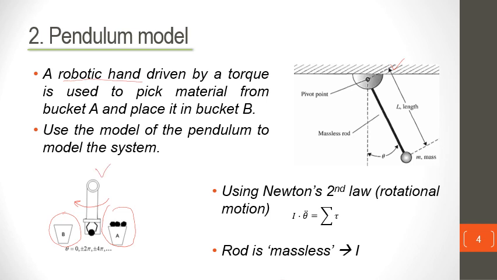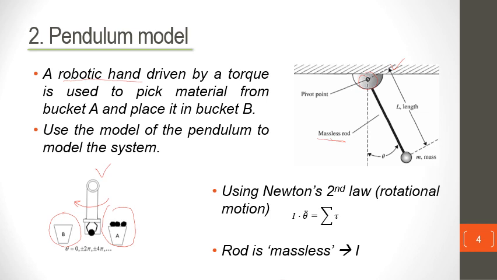Now, in our model for a pendulum, we have a fulcrum, or a pivot, to which a massless rod is attached. We want to make it massless because it simplifies our analysis in order to demonstrate our point. Otherwise, we all know that if it is an iron bar or metal, it will have a certain mass.